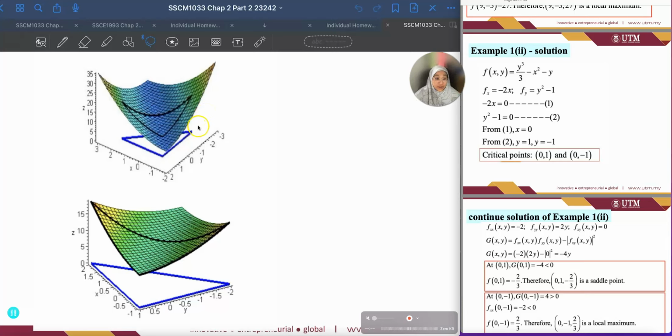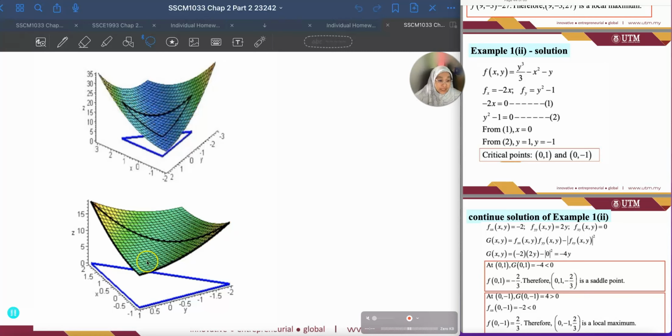But for absolute extrema, imagine that you have this very large surface. We give a limitation, a bounded region only at this triangle shape, which is a region on the xy plane. If you match that triangle with the surface, we just want to find the absolute max or min in this area only, which is bounded.